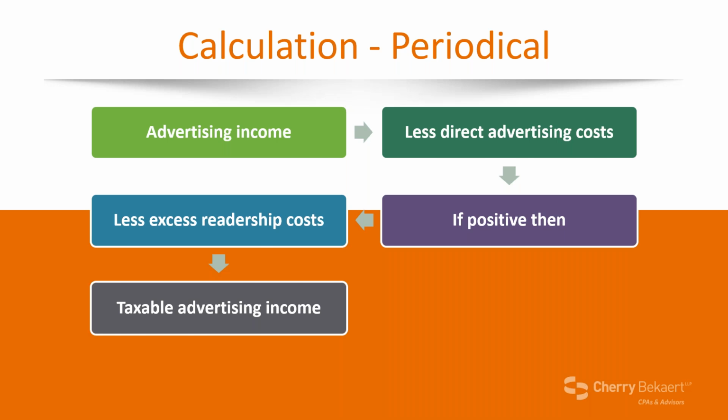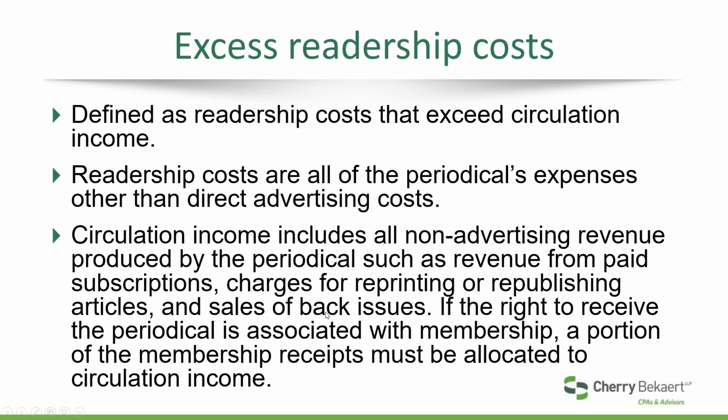So we're going to go a little bit into what excess readership costs are, and that's basically the excess costs from the exempt portion of the activity. What you would do is take a look at all of the costs of putting out the periodical, less any direct advertising costs that were included. Then you take those expenses and reduce them by any related income from the periodical, which is called circulation income.